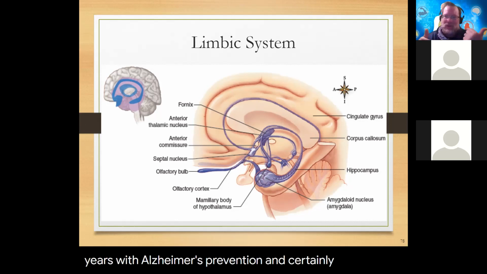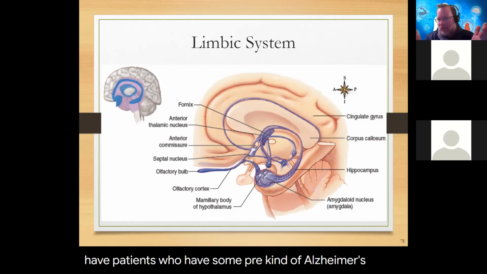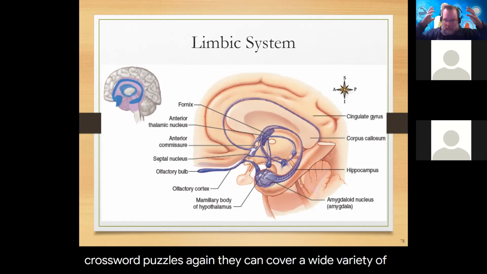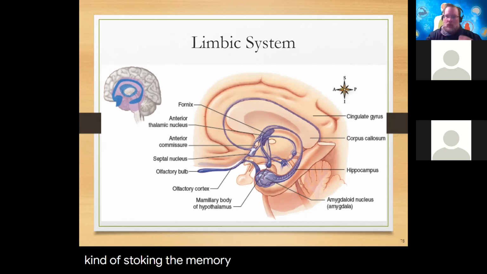And certainly, if we have patients who have some kind of Alzheimer's or are expressing behaviors that may seem a little Alzheimer's or dementia related, crossword puzzles can cover a wide variety, stoking the memory and getting different synapses that have maybe been lost reconnected.